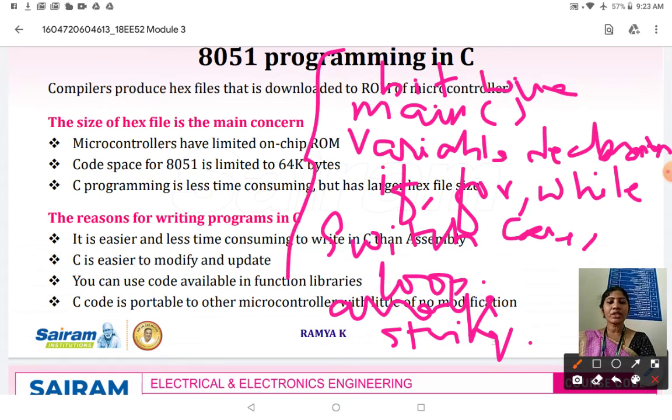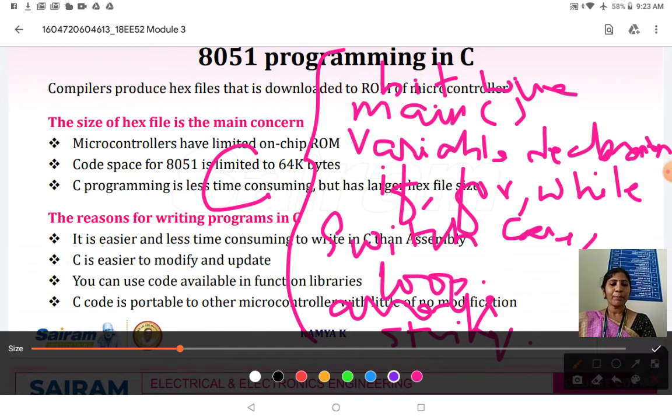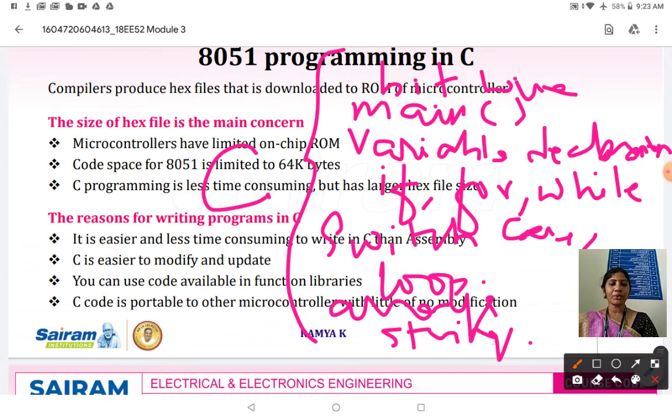All these functions we will be using in C, which is common in the case of your embedded processor also. So in embedded C, whatever syntax we are using is the same as that of C. This is the basics of your embedded processor.